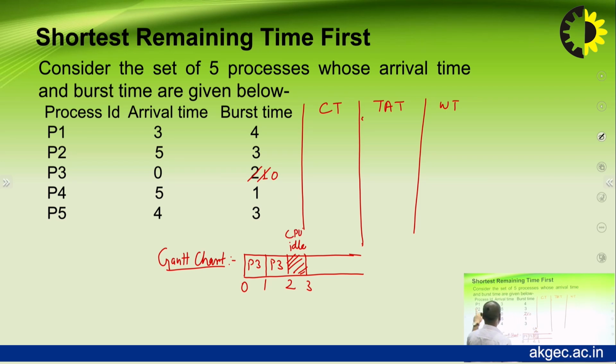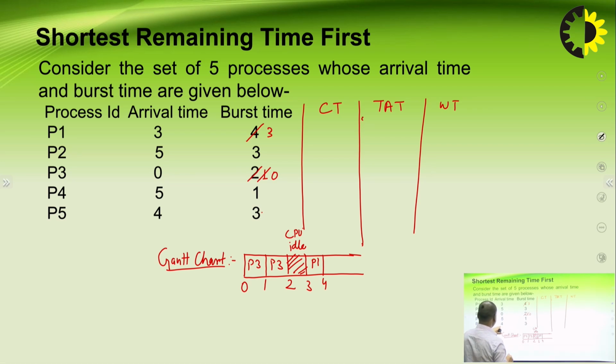At time 3, P1 has arrived. So P1 has arrived, P1's remaining time is 4, and this would be 3. At 4, has any process arrived? Okay, yes, process P5 has arrived. But we are checking that these 3 and these 3 are equal. So we can take P5 and P3 also, but we take the least arrival time.